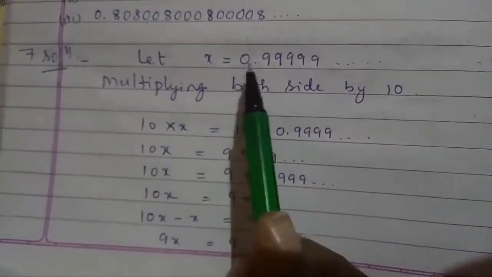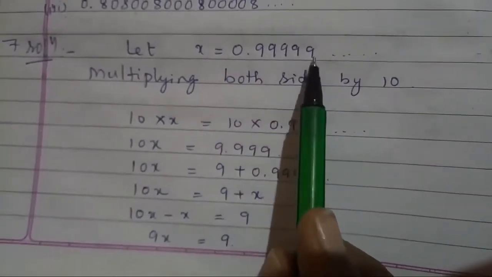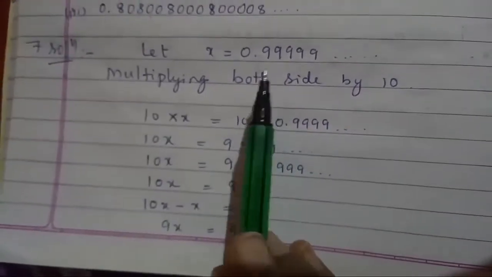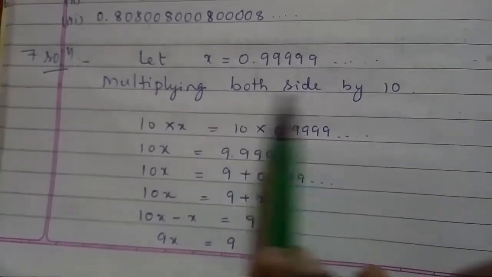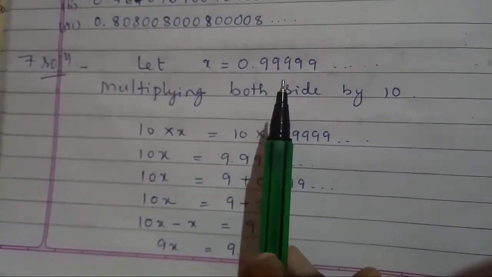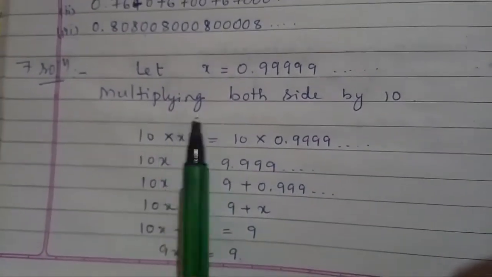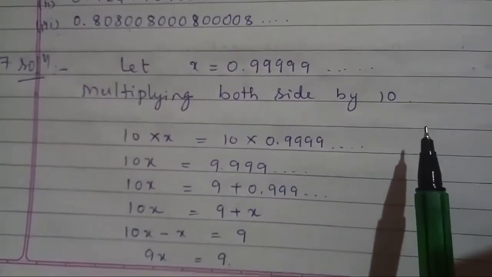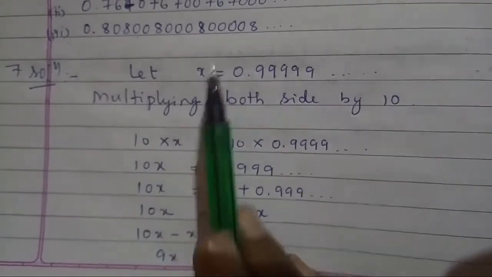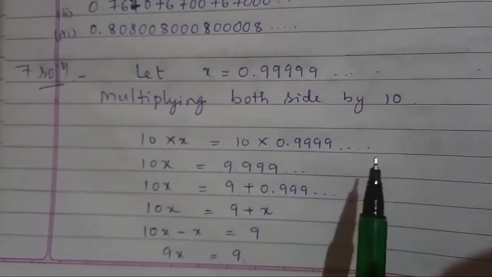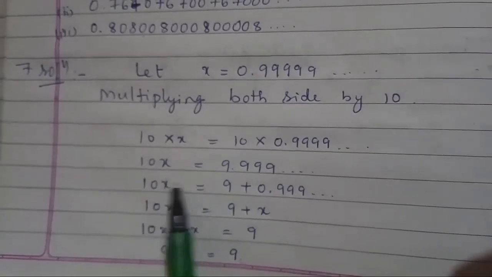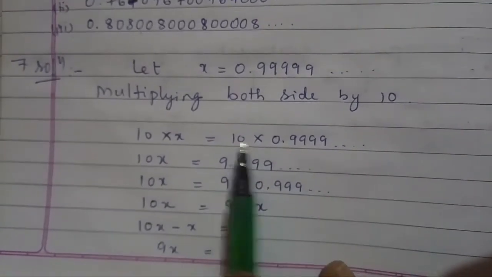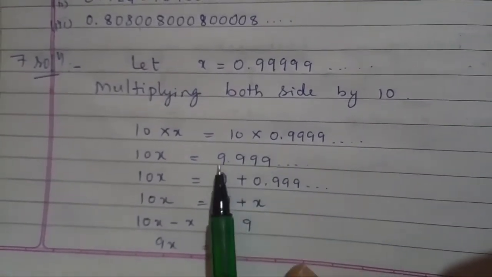Let x equal 0.999, and so on. For this you need to show this decimal expansion in p by q form. Multiplying both sides by 10: 10 into x, then 10 into 0.999. This becomes 10x equal to 9.99, after multiplying this 9 comes to the unit place.